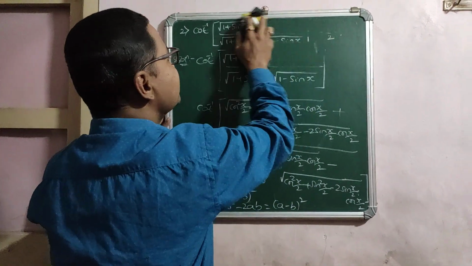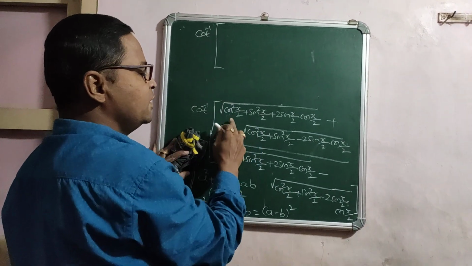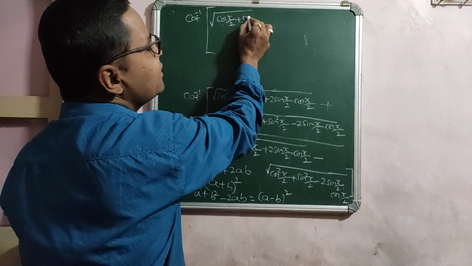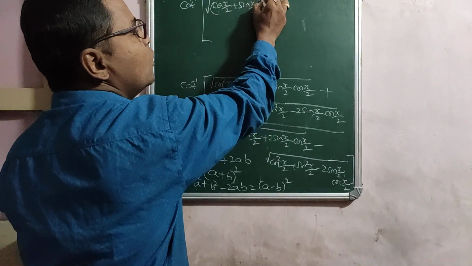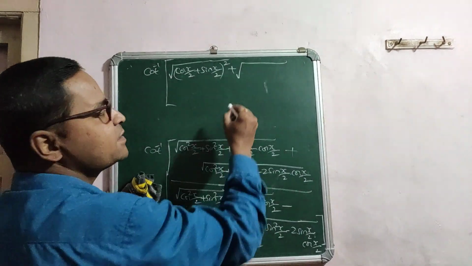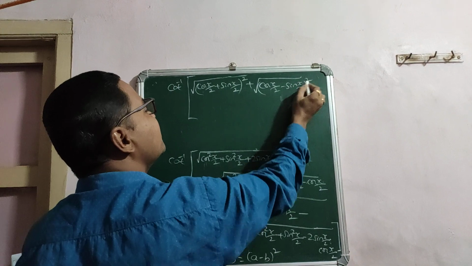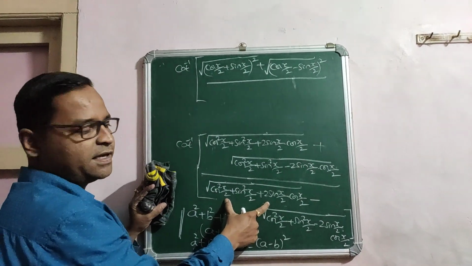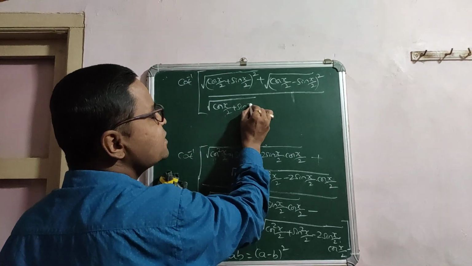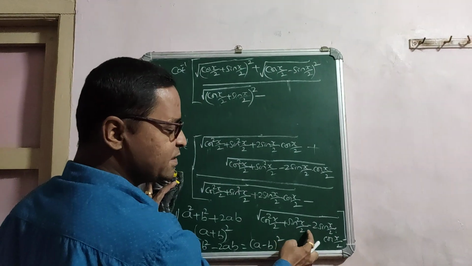Therefore I will consider the term cot inverse of this term can be considered as cos of x divided by 2 plus sine of x divided by 2 whole square plus this term can be considered as cos of x by 2 minus sine of x divided by 2 whole square, whole divided by, once again we have the same terms, that is cos of x by 2 plus sine of x divided by 2 whole square minus, once again we have a square plus b square minus 2ab.